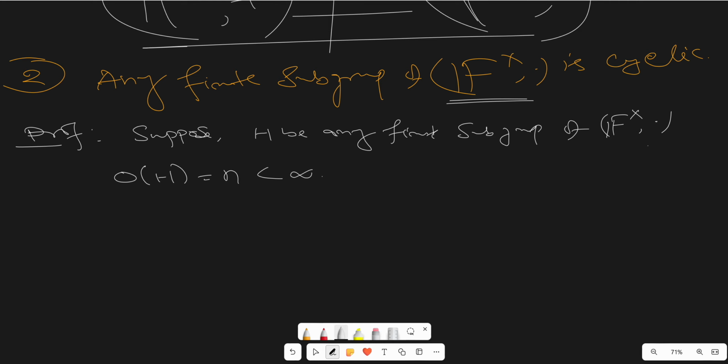My claim is H is cyclic. How do you show H is cyclic?